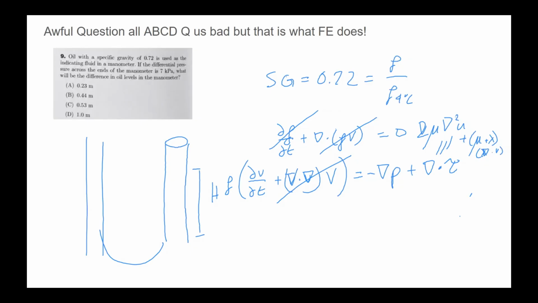But I wrote it this way, so we move on. Actually, there's no two here. Anyway, and then plus rho g, right? And now we know this is zero because they're all velocity related. So minus gradient p plus rho g equals zero, right?